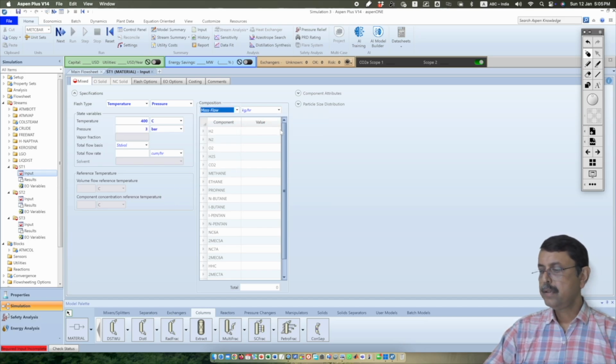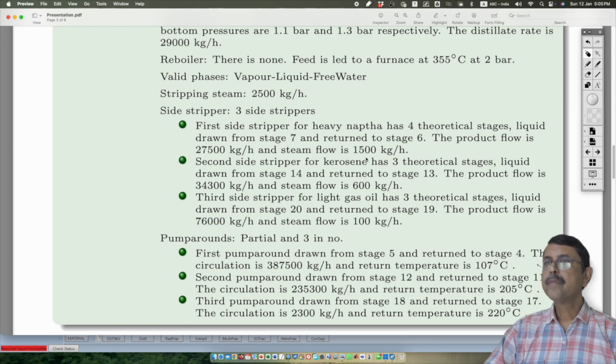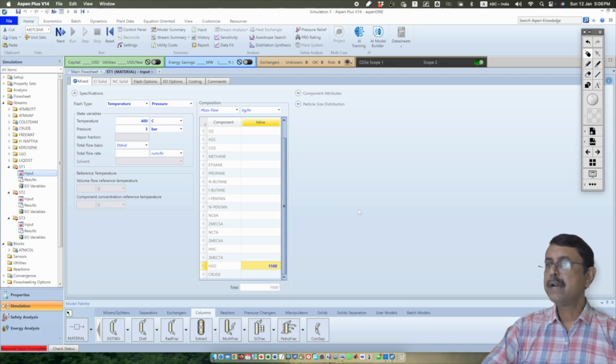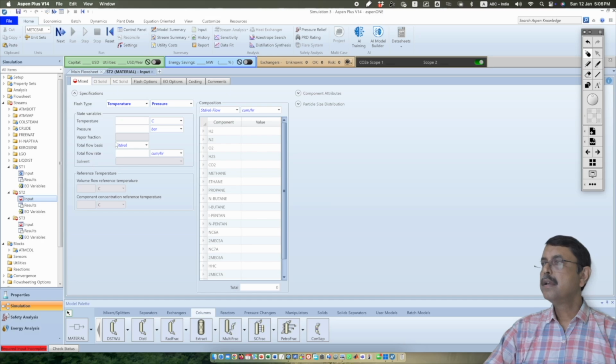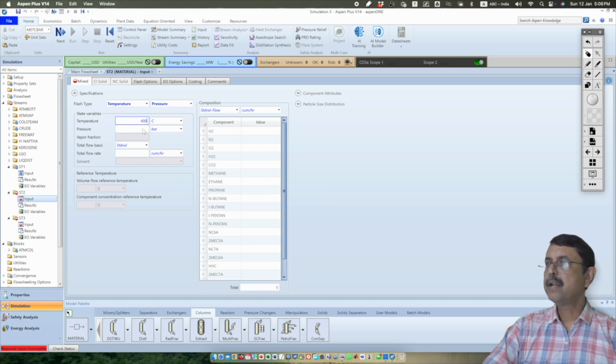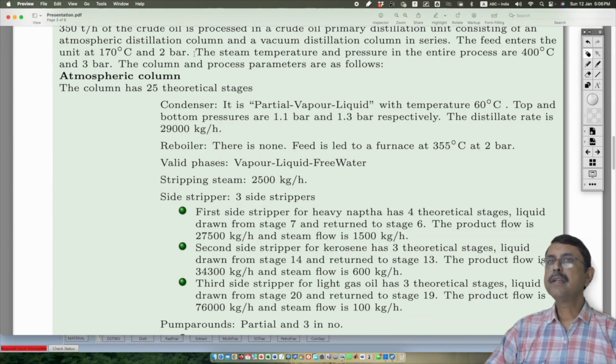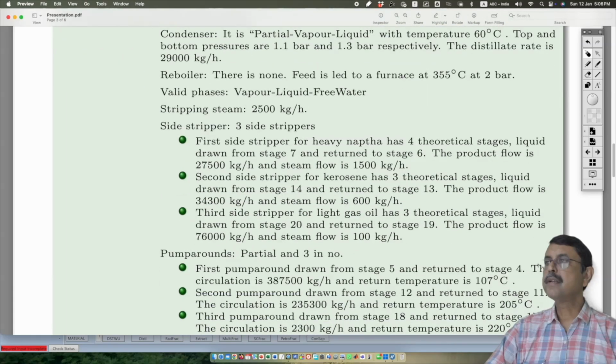The mass flow is 1,500 kg per hour. ST2 is again 400 degrees centigrade and 3 bar pressure. So this information is universal. The steam temperature and pressure in the entire process are 400 degrees centigrade and 3 bar.